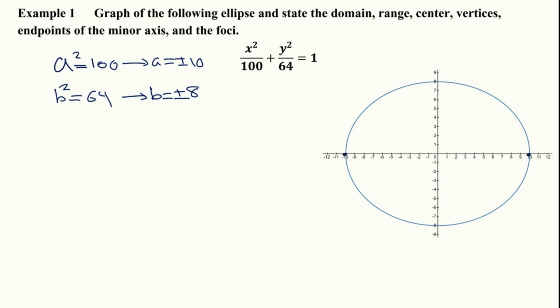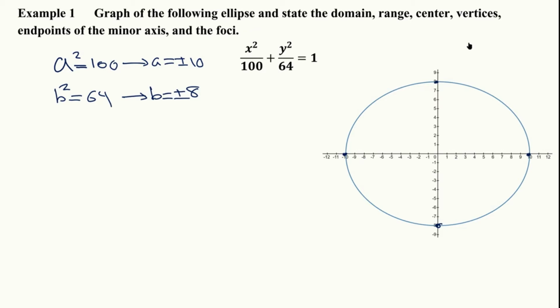Those are going to be the vertices, right? And then I would put dots also at 0, 8 and 0, negative 8. Then I would just go ahead and connect those in an elliptical manner, of course. So graphing an ellipse by hand is not very difficult. Again, I try to stay away from that, but you could do it.